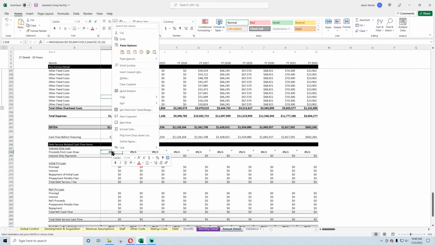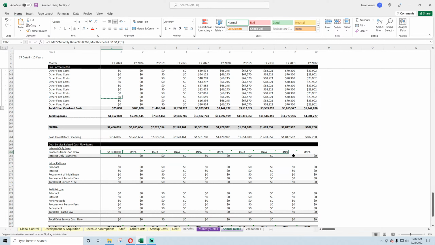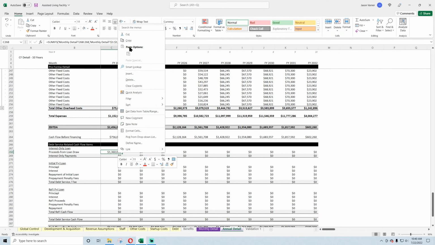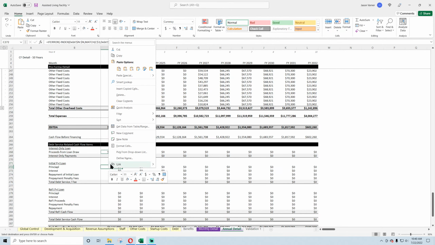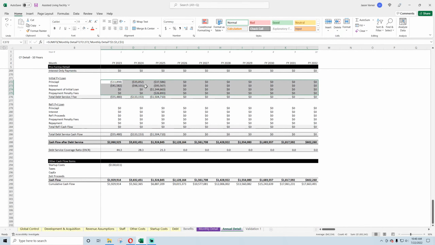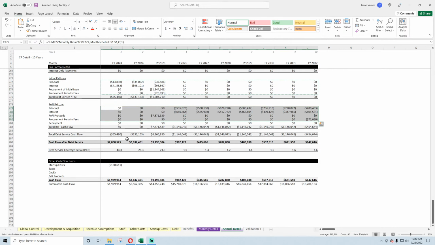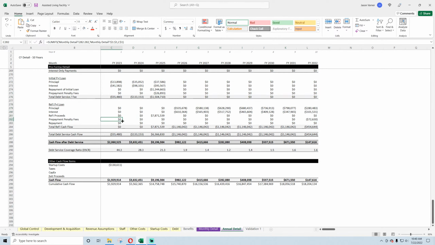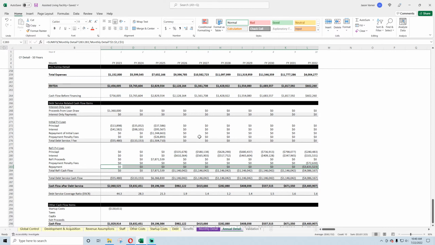Proceeds, this can all be copy pasted down for all this stuff. And the cool little waterfall structure we'll do on the executive summary to show the effects of all the debt happenings.